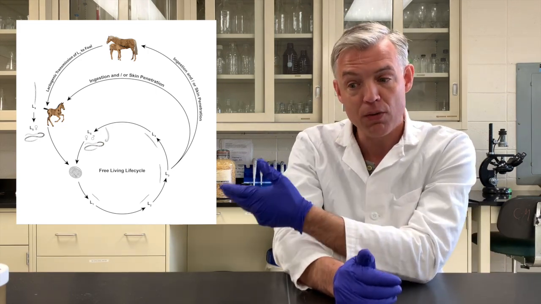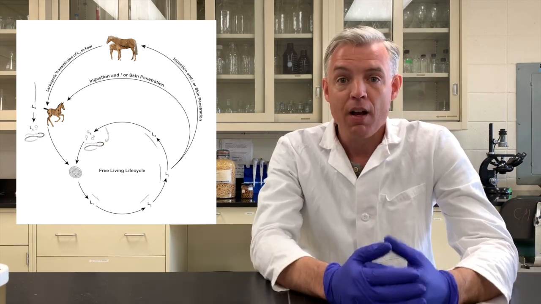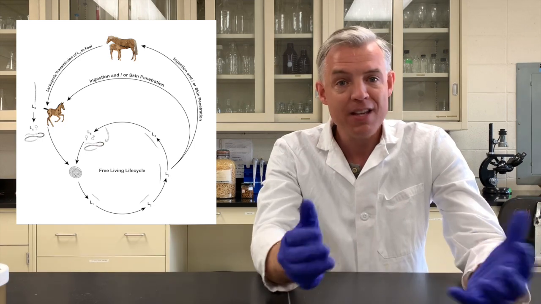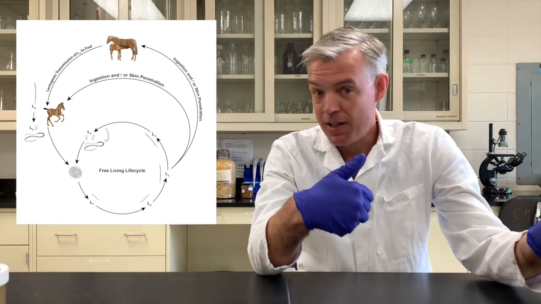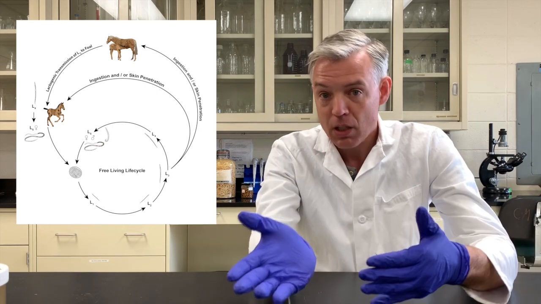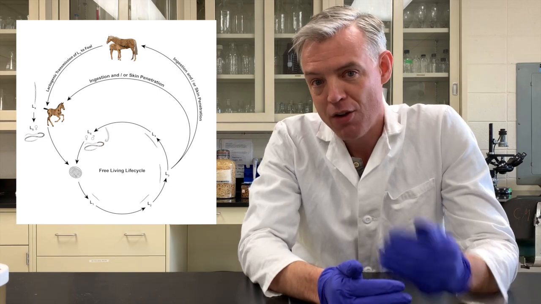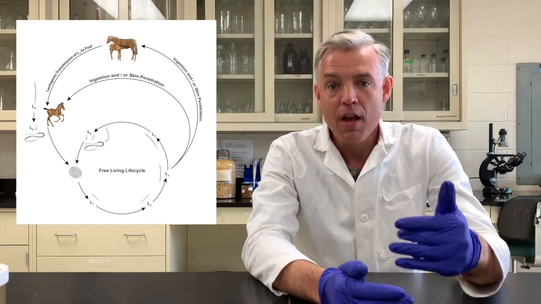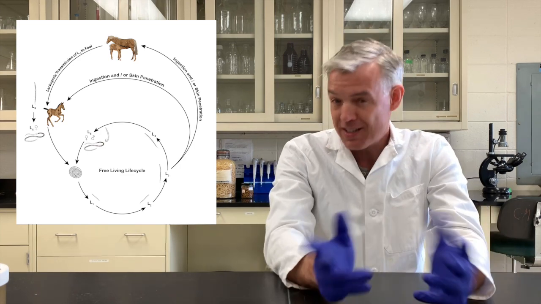You have that circle there at the bottom, which is the free living cycle of the parasite, where it basically can go through all life stages out in the environment, and reproduce, make cute little babies, and keep that cycle going. So this parasite is not dependent on invading, infecting a host, and that's really unique. So it has that option.